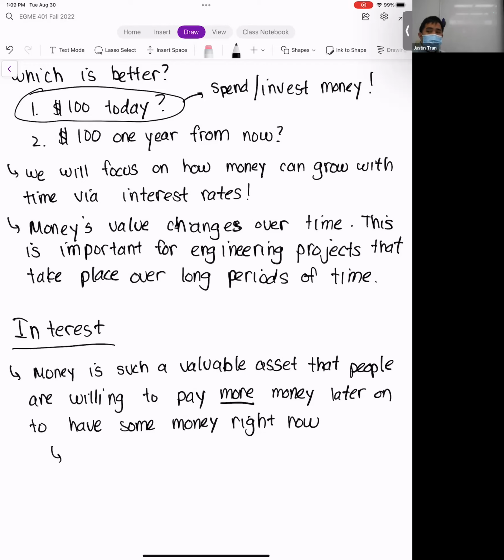And so if you've ever borrowed money for a loan, or borrowed money from a friend, you're very familiar with this concept. The idea with a loan is that you take out money so that you can have it right now to pay for something, but over time you pay that money back plus interest on top of it. So what you end up paying back numerically is more than what you received at the beginning.